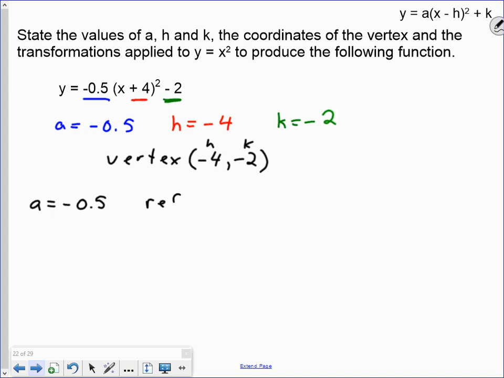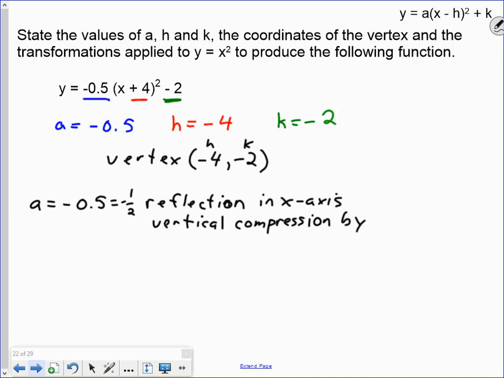We're going to have a reflection in the x-axis because a is negative. And we're going to have a vertical compression because a is a fraction, or we can think of this as negative 1/2. Vertical compression by 1/2. So all the points in our parabola are being made half as far away from that x-axis.